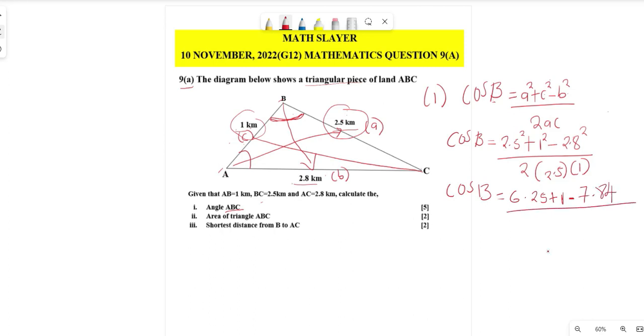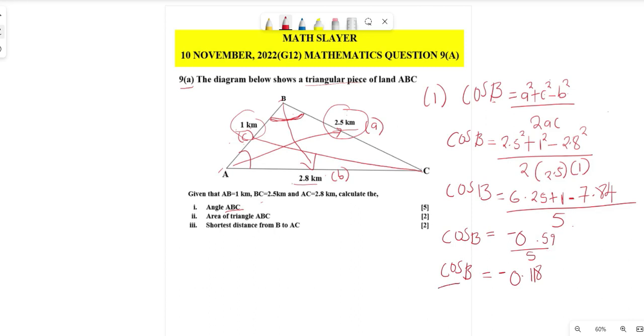Everything divided by 2 times 2.5 times 1, which is simply 5. Simplifying the numerator, 6.25 plus 1 minus 7.84 gives negative 0.59 on the calculator. Dividing by 5, cos B is equal to negative 0.118.